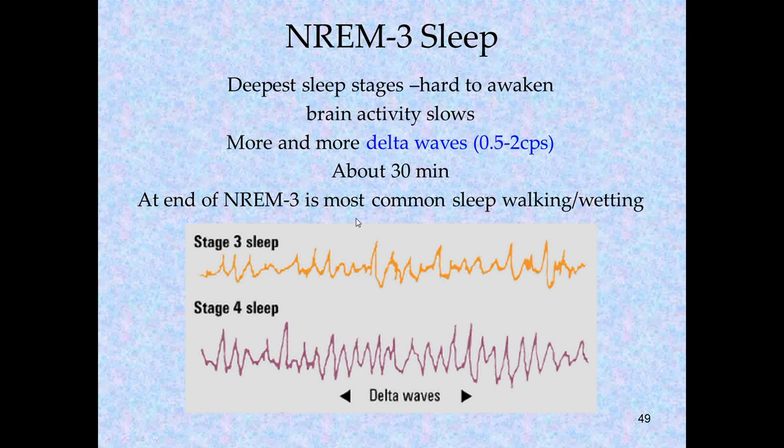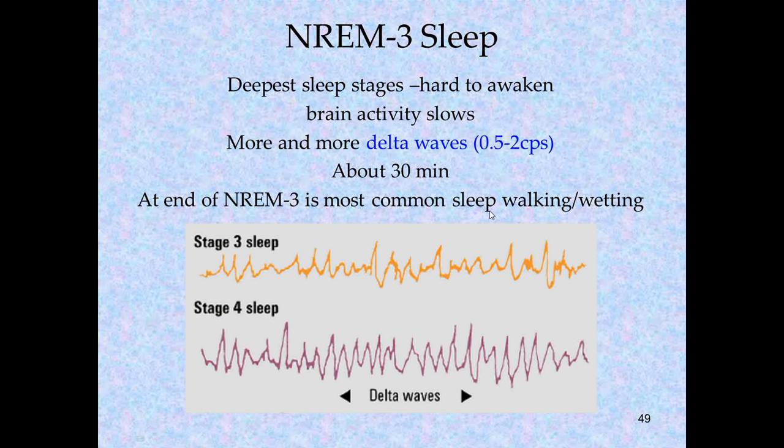It turns out that sleepwalking actually occurs in non-REM sleep. Okay, non-REM 3, and so in the deeper stages of sleep. And that might account for why sometimes people do some kind of dumb or dangerous things.